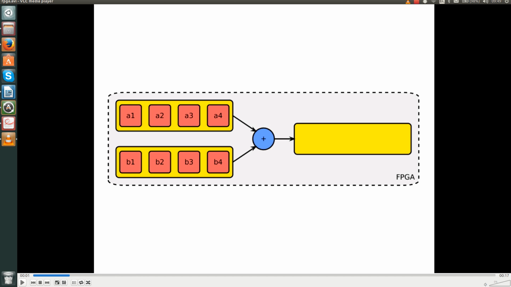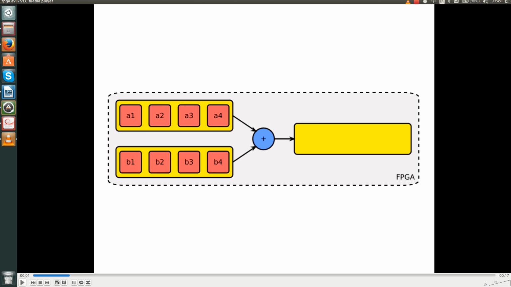Let us assume that we have two vectors, 4 elements each, and we want to add these two vectors element-wise. With the FPGA approach, we can synthesize memory for our particular application. We know that we have 4 elements, and we can synthesize memory exactly for these vectors.